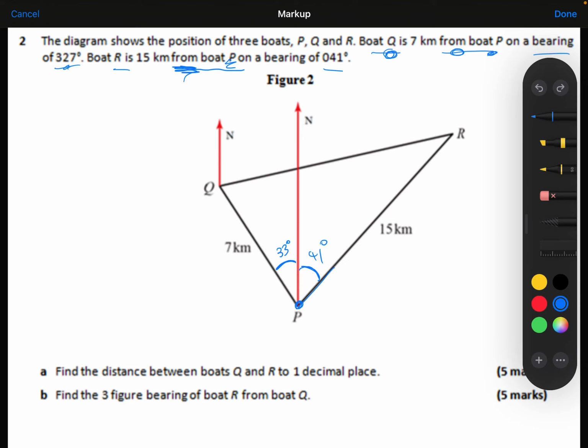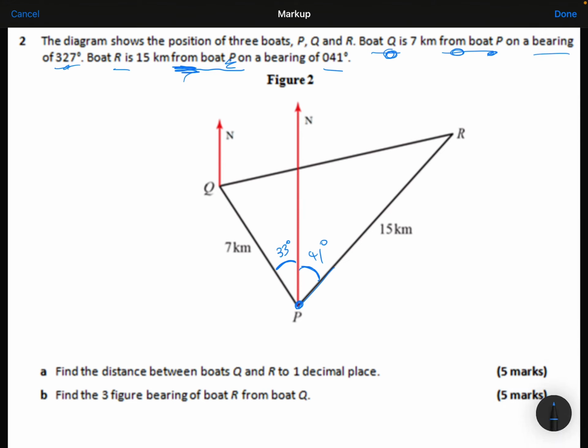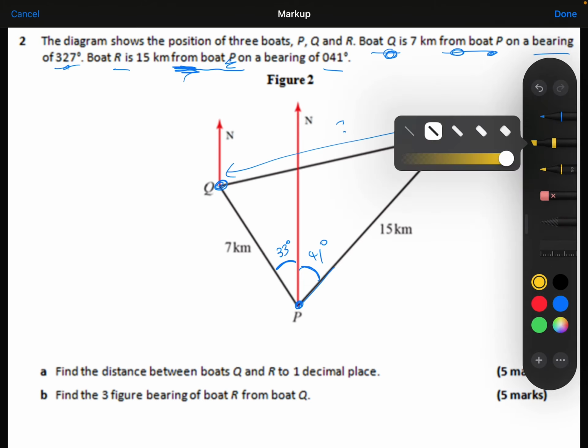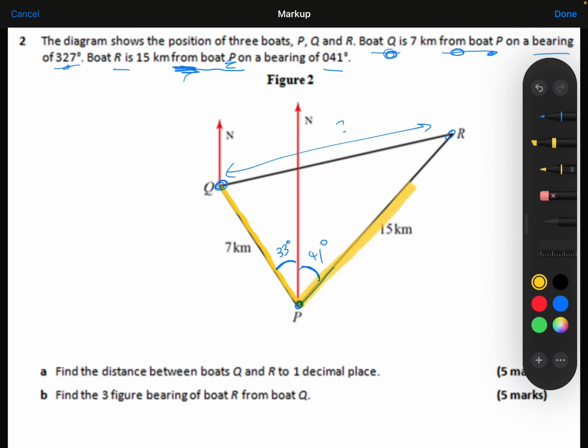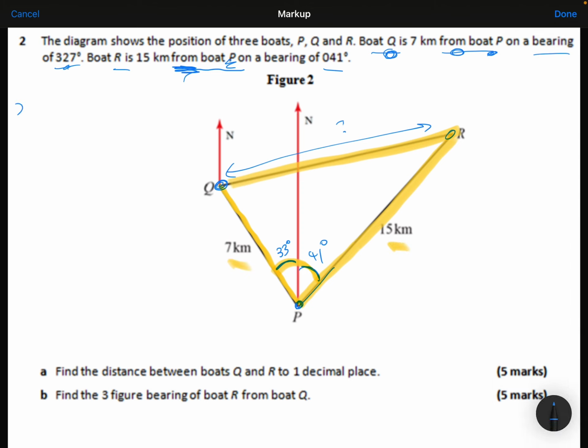Right, let's see what the question's asking us to do. Part A, find the distance between the boats Q and R. So what is this distance here? Well, I can use the cosine rule to do this because I've got a triangle where I know this angle is 74 and I know the two sides. So x squared is going to equal 7 squared plus 15 squared minus 2 times 7 times 15 times cos the angle in between, which was 74.